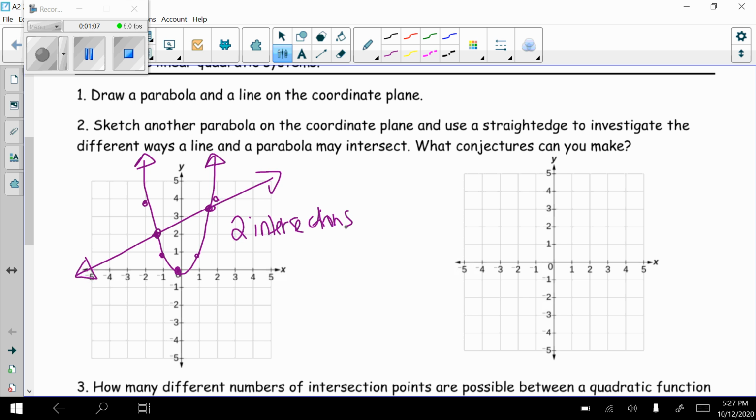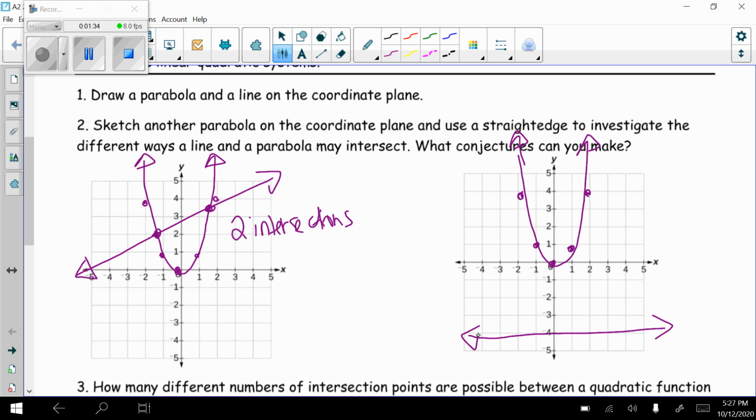So over here on this other one, we're going to sketch another parabola on the coordinate plane and use a straight edge or just a ruler or just draw a line to investigate the different ways a line and a parabola may intersect. So again, I'm just going to draw my basic y equals x squared parabola. So first off, what if I drew a line down here?